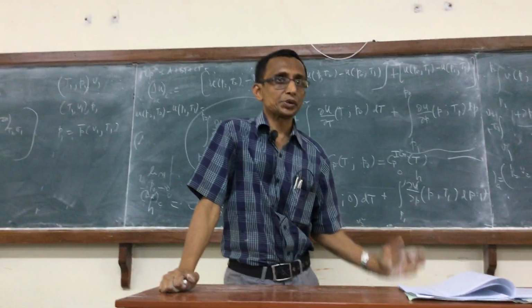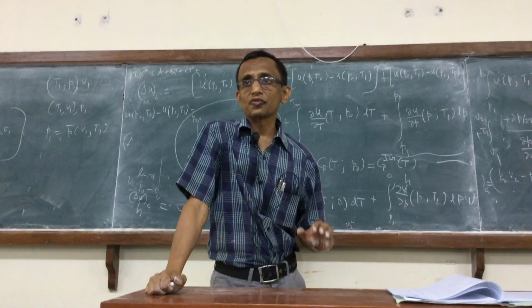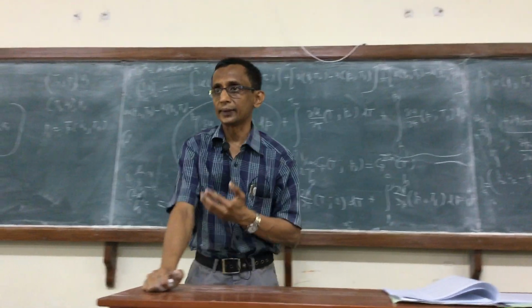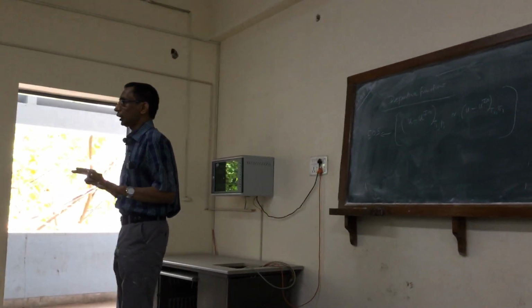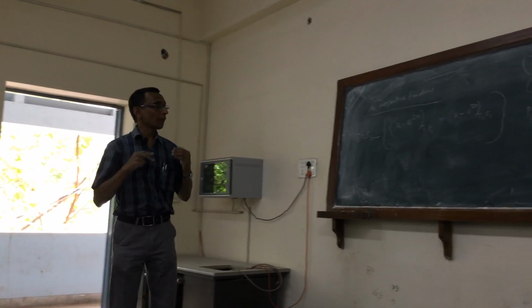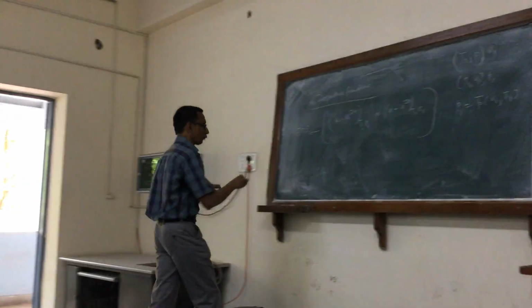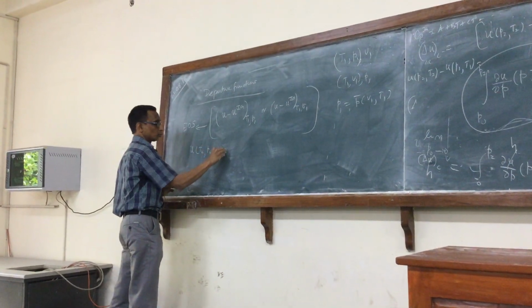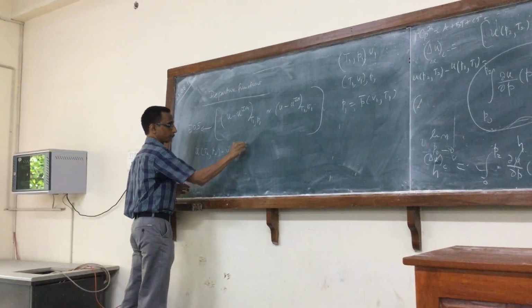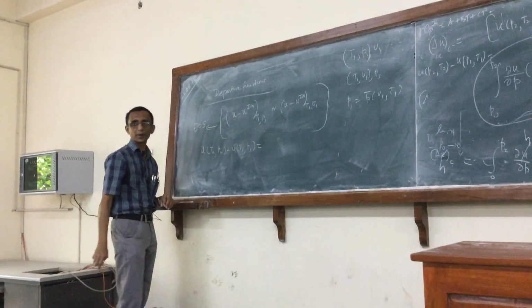We can easily show that the departure function for any of the properties A, H, E and so on can be related to the equation of state. Now my objective hasn't changed. Still I want to find, let's say, u of T2, P2 minus u of T1, P1. So how am I going to find this from the departure function?